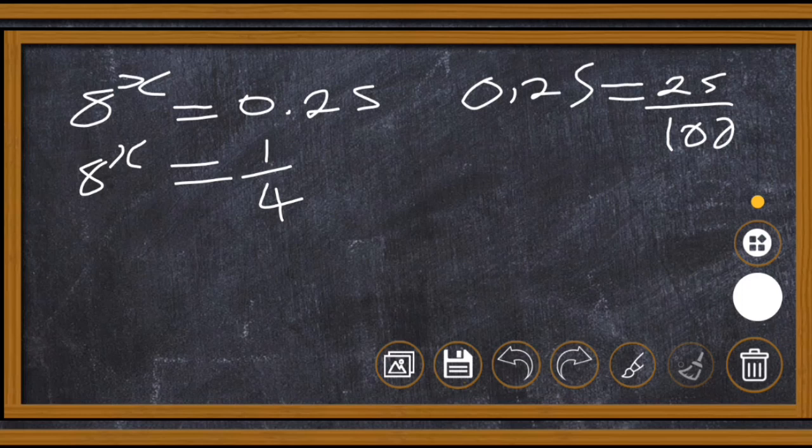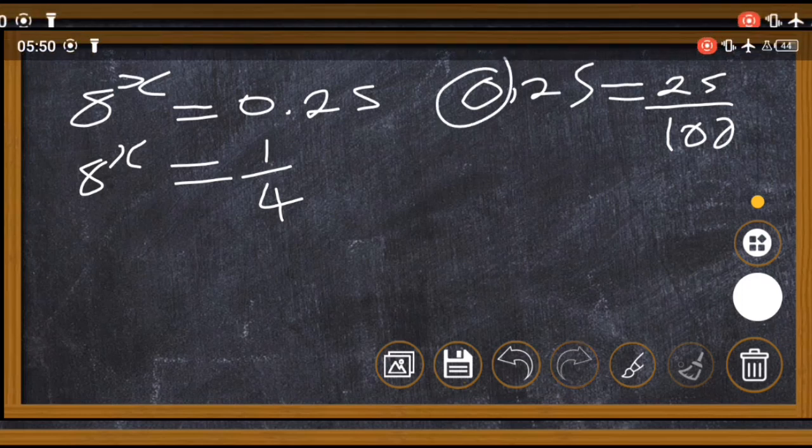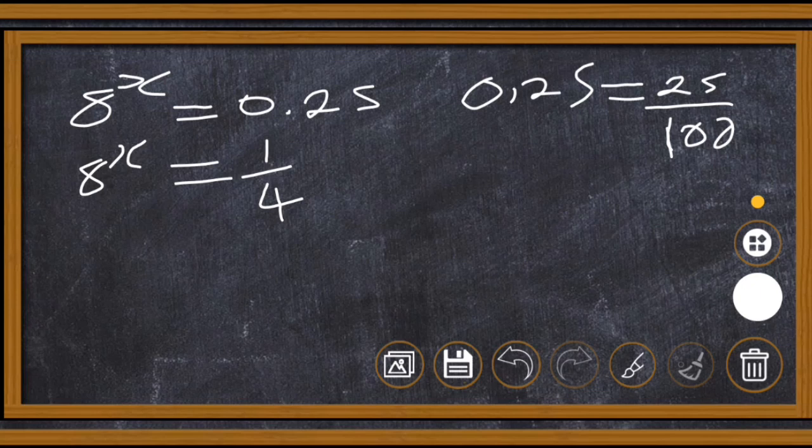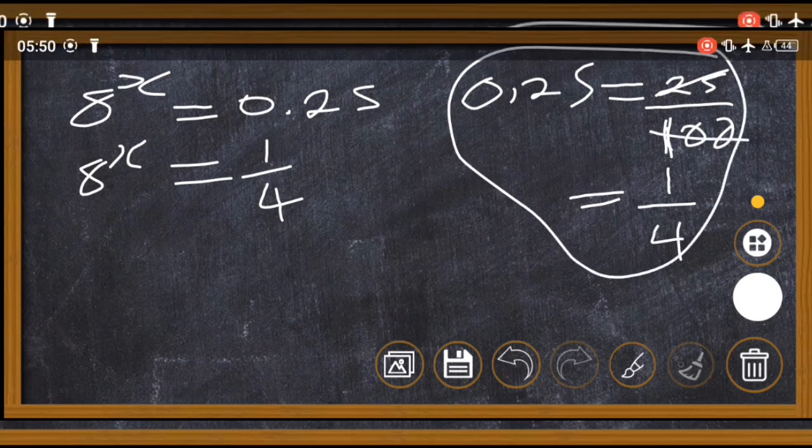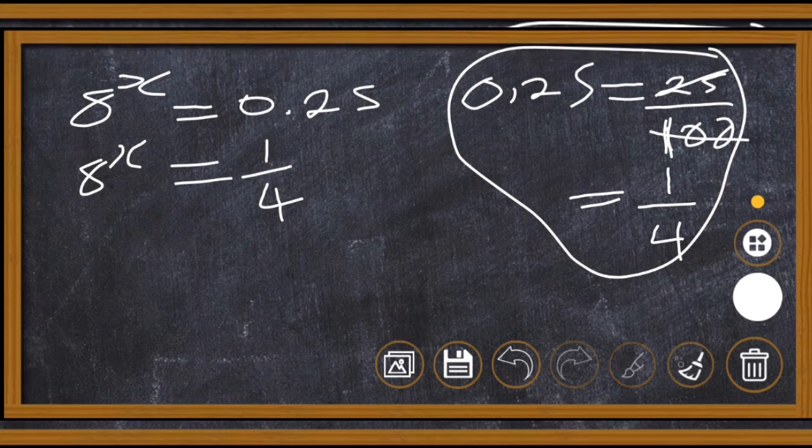And then before a decimal point, the value that is here is your 1. Then the number of values you have after a decimal point determines how many zeros you are going to have. So since we have 2 values here, it simply means we are going to have 2 zeros. That's why we have over 100. And then simplifying this, 25 into 25, it's 1. 25 into 100, it's 4. So that's how we convert from decimal points to fractions.